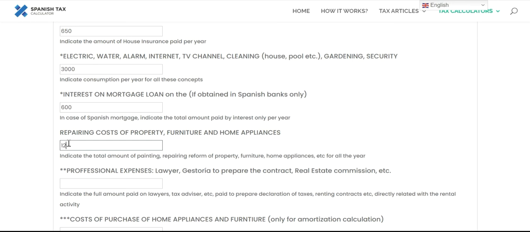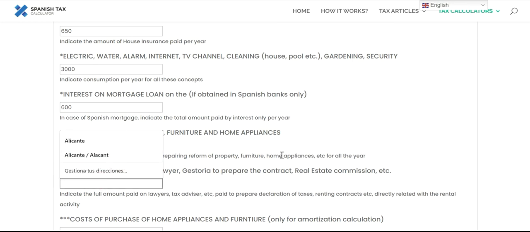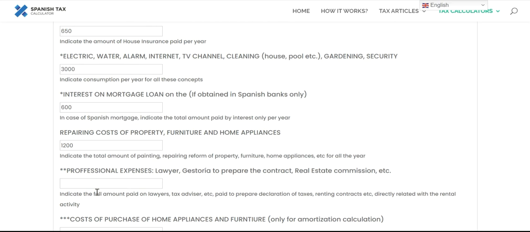You also have repaired the freezer or the air condition or the pump of the pool. So you have total invoices for this repairing 1,200, and also you have paid a lawyer or a tax advisor to prepare your taxes in Spain. You have paid 600 euros per year. But also you have obtained the help of a real estate agent to publish or to market your property for rent, and they have charged you 1,000 euros.